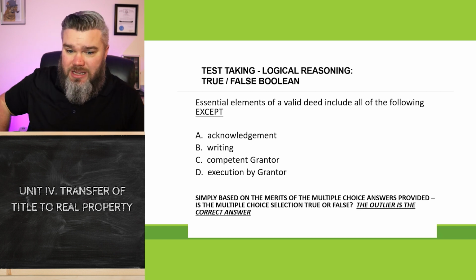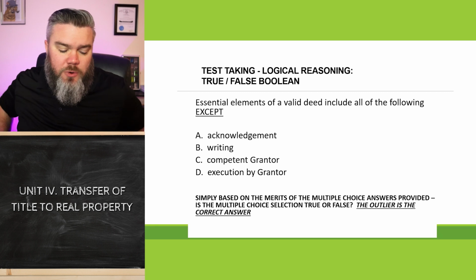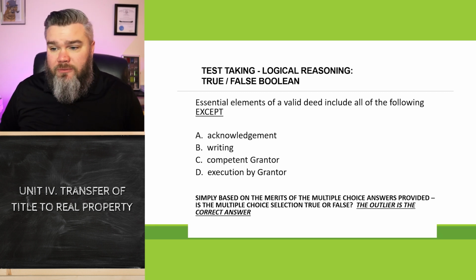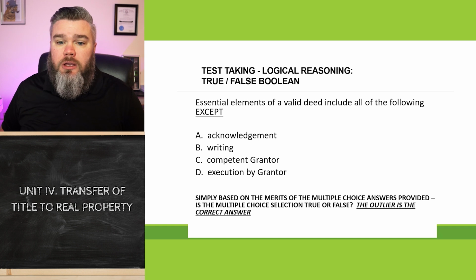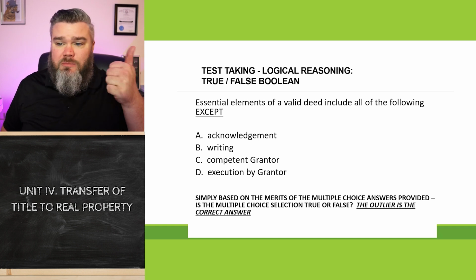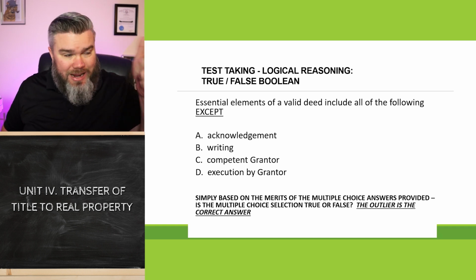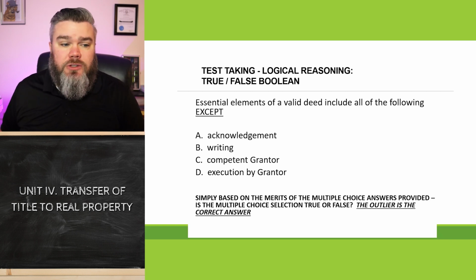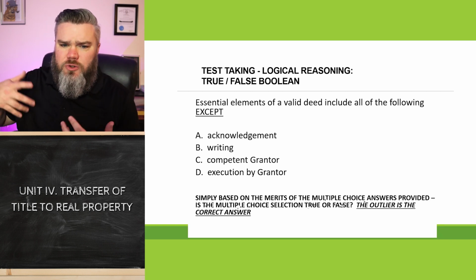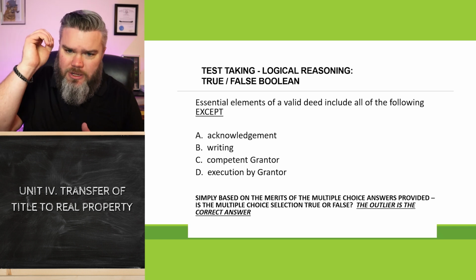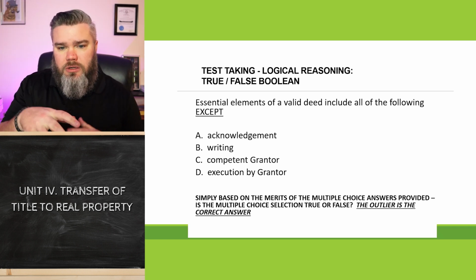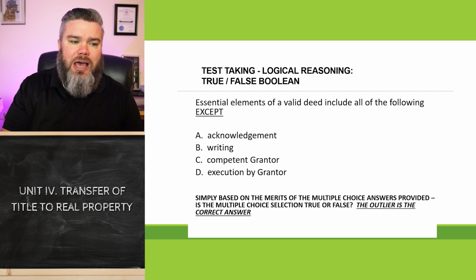The grantee does not. Even if you don't remember what acknowledgement means, we've now identified that that's the correct answer. Because if we know that it has to be in writing, has to have a legally competent grantor, and has to be signed by the grantor, it doesn't matter what acknowledgement means, you know that's the right answer. That's good test-taking strategy: realize what style of question it is, and pick up on keywords like except.